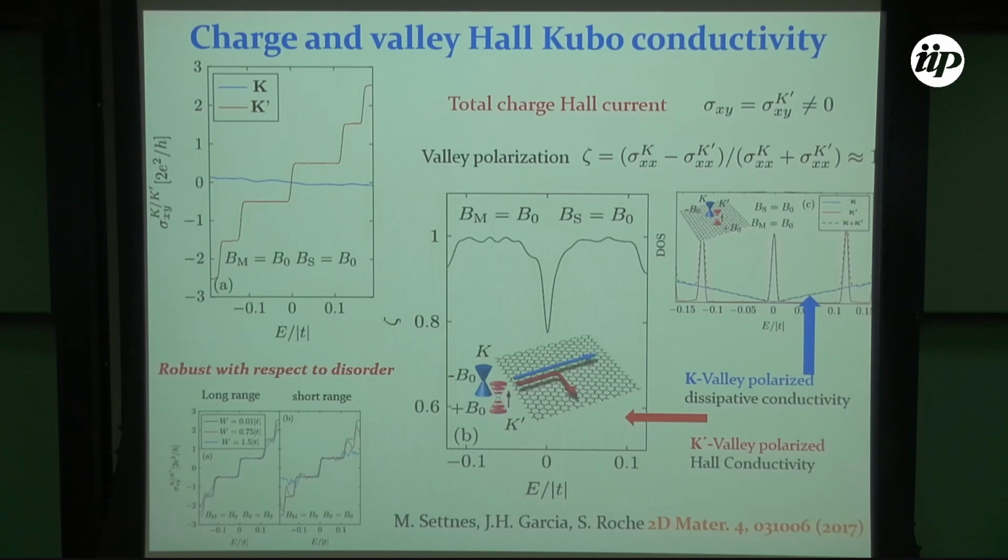But a problem with the electric readout is that I don't know. Maybe you make the edges zigzag and then you suppress one of the valleys or something like that. But I don't know how we can detect the presence of a valley polarized electric signal.